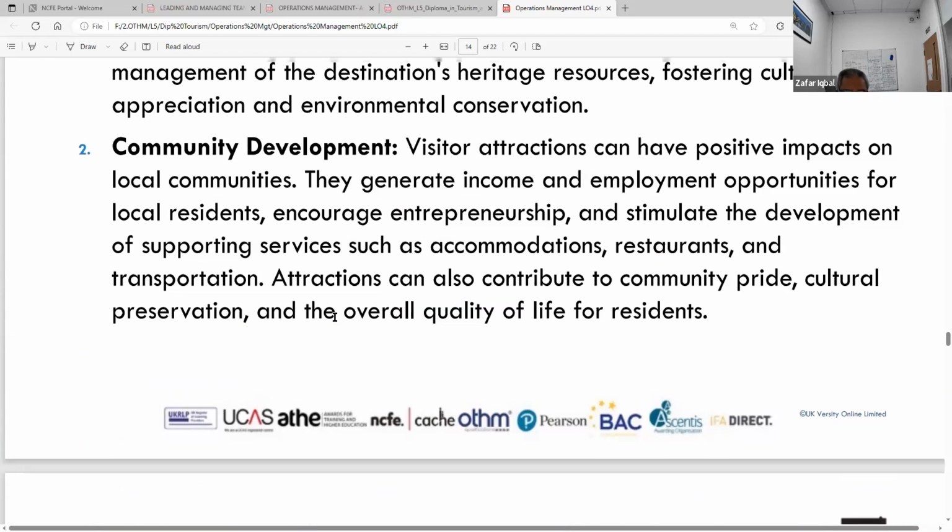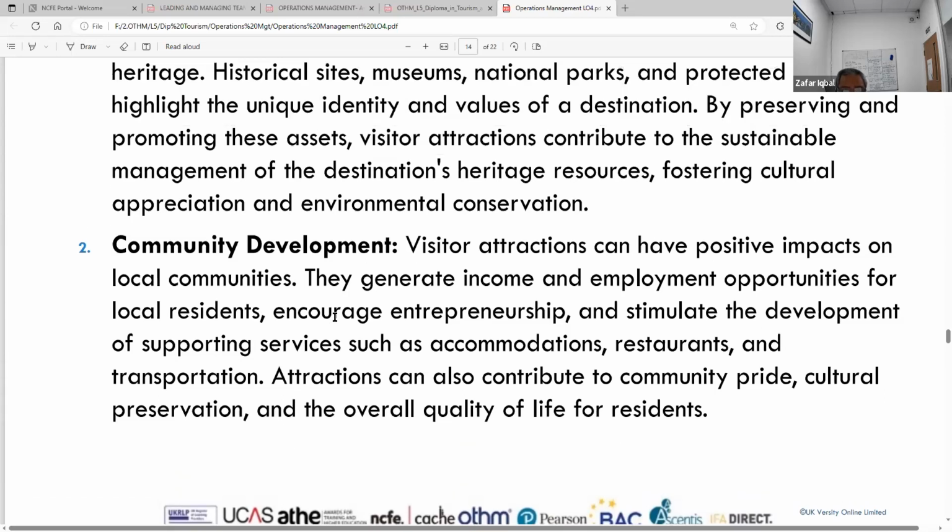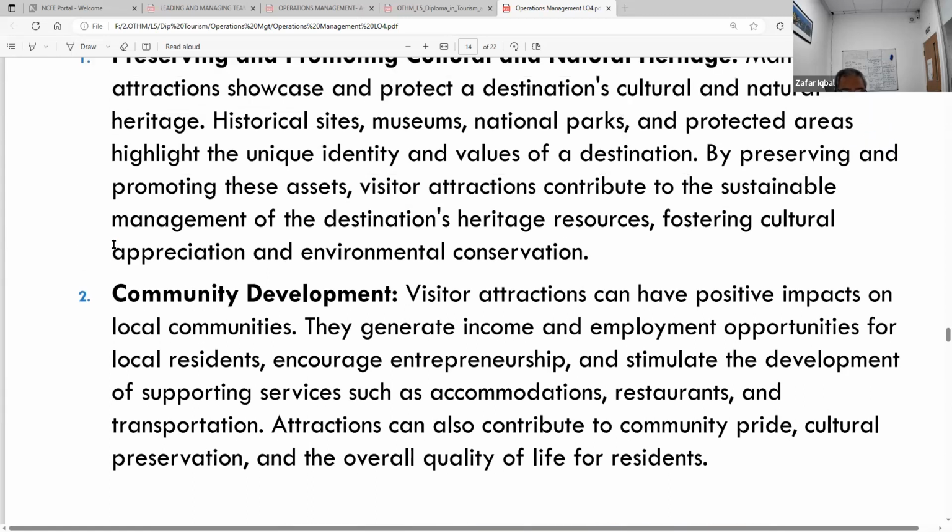So involve these people in your planning as stakeholders. Then they will generate the businesses, they'll generate the income and employment opportunities for these people.